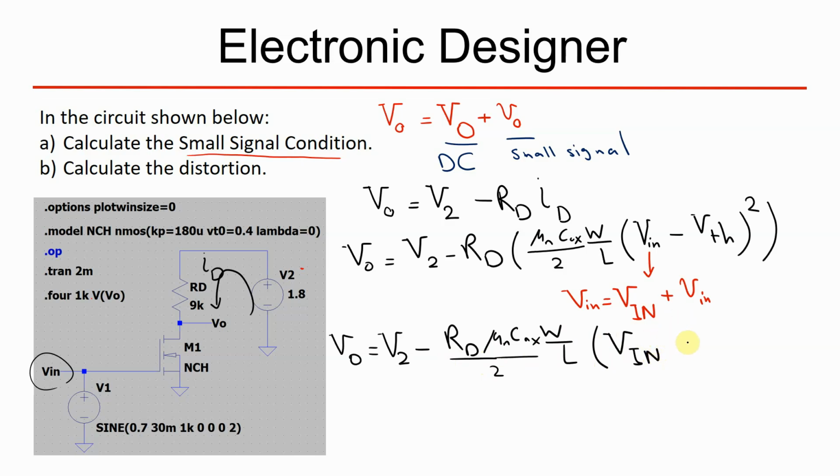And let me organize this formula a little bit: minus V threshold plus V in, all to the power of 2. Now here this term is a DC term, which we can consider as a DC current I drain that we all use. Okay, now I'm going to expand this square formula in here.